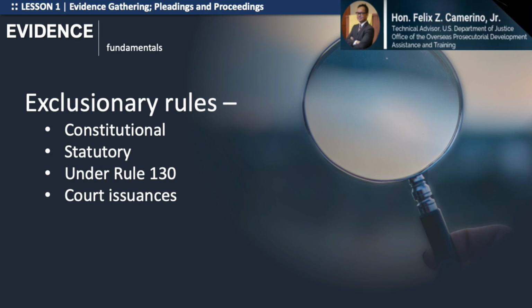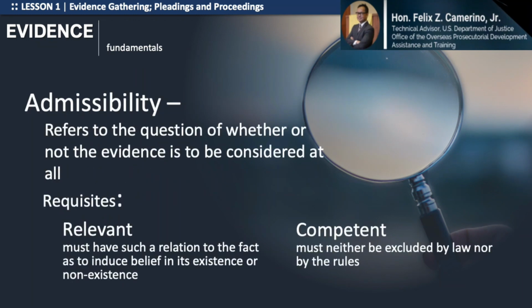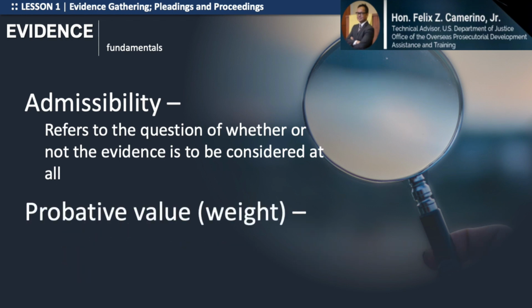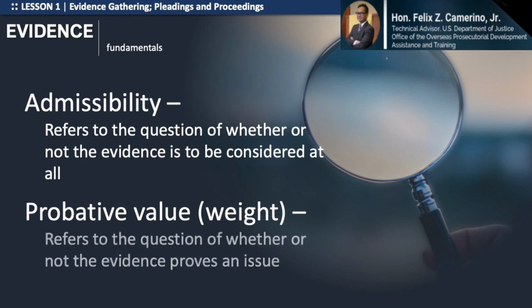Now, besides admissibility, another important consideration in case buildup is the weight of evidence, specifically what they refer to as the probative value. And when we're talking about probative value, we're really referring to the question of whether or not the evidence proves an issue.